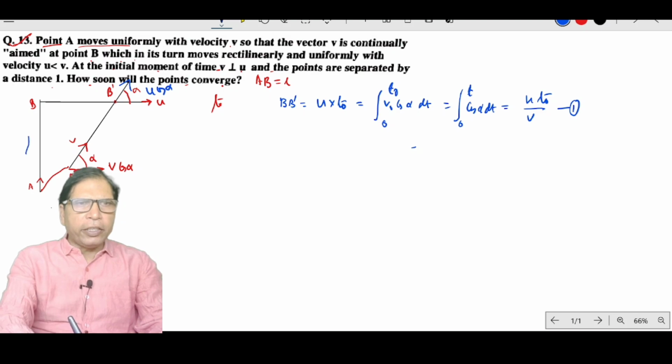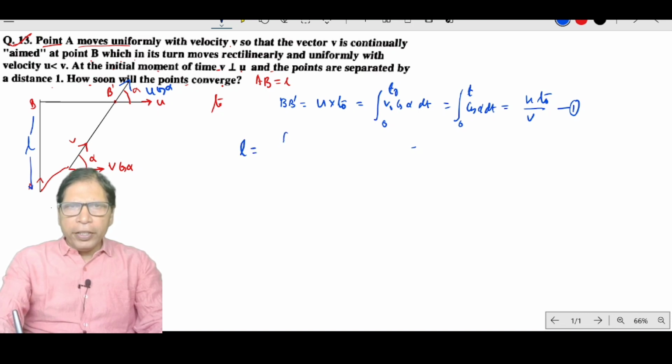Here the initial distance between A and B is L. So L equals the integral of the relative velocity between A and B, that is v minus u cos alpha, into dt, with limits of integration from 0 to t naught.